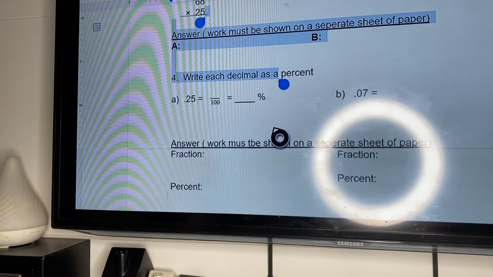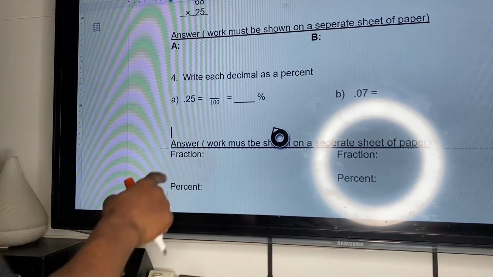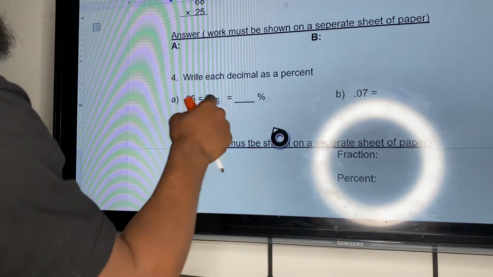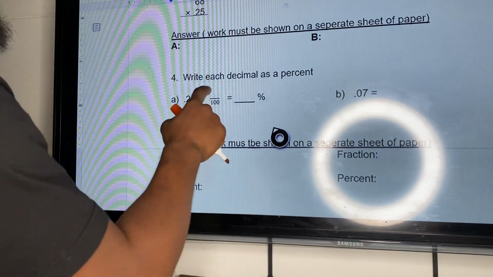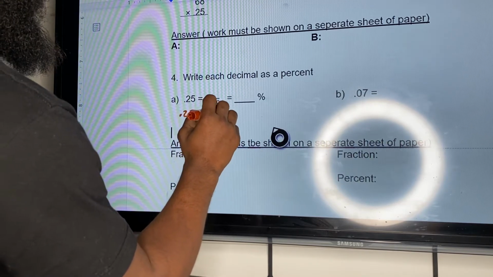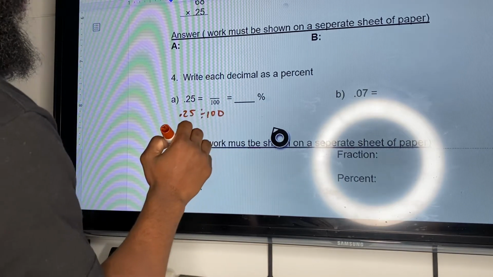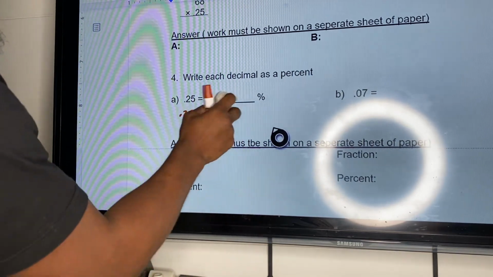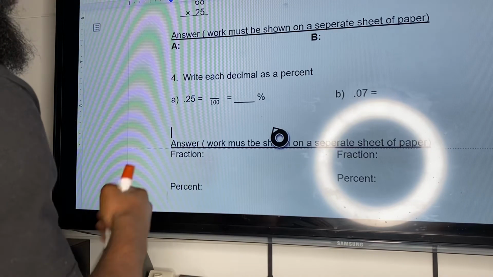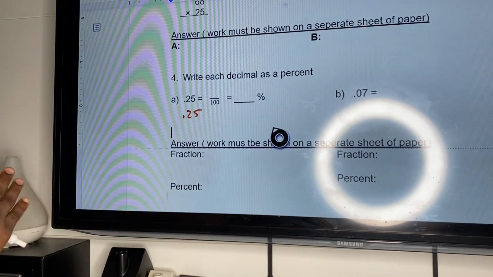Four, write each decimal as a percent. Now, to convert a decimal to percent, you can do two things. You can either divide it by 100, no, the easiest way, actually, I'm going to show you the easiest way, is to move it over 2 spaces to the right.